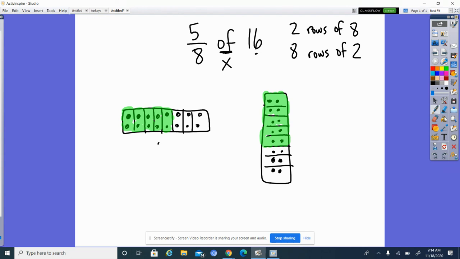Let's check. 1, 2, 3, 4, 5, 6, 7, 8, 9, 10. So 5/8 times 16 equals 10. Okay? Pretty easy?